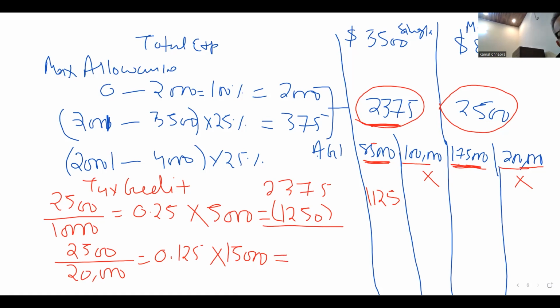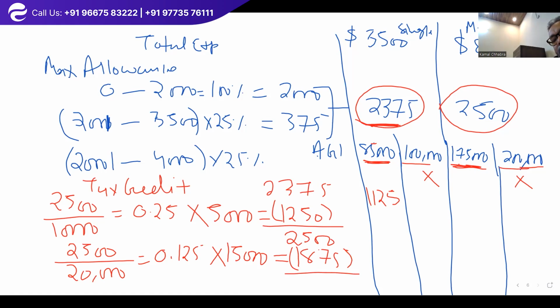If you multiply 15,000 by 0.125, how much is it? 1875. And if you reduce 2,500 minus 1875, how much is the balance? 625. 625 is allowed here. Make sense?